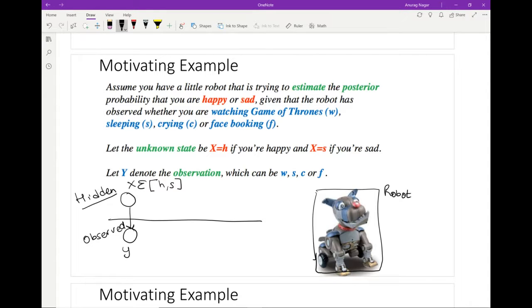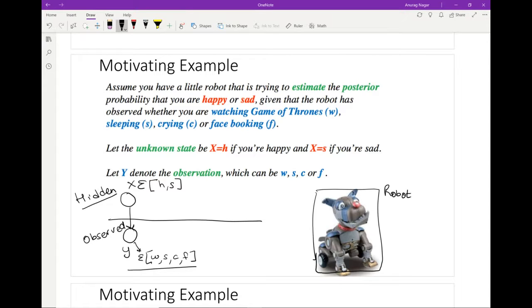The inner state of the person could be happy or sad, and the observed state of the person could belong to four categories: watching the Game of Thrones, sleeping, crying, or Facebooking. Four possible values of Y, observed state.